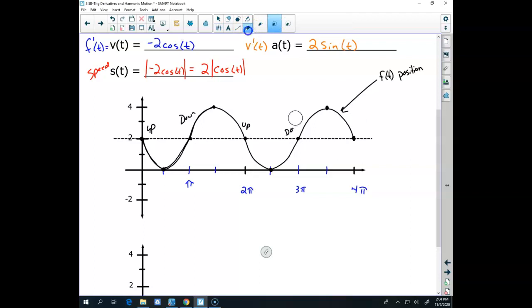Okay? So we're looking at that. We are also going to now graph our velocity and our acceleration. So if I come here for my velocity, v of t, well, that's just a negative 2 cosine t. Well, that one's not shifted up or down. Now, where was my cosine? Well, I don't have to worry about that because I can actually look at my position function and say, ooh, it's going to be flat here. It's going to be flat here. So those are my zeros of velocity, and I can trace that graph right off of there.